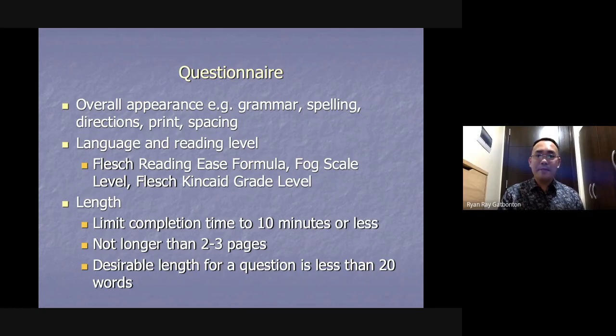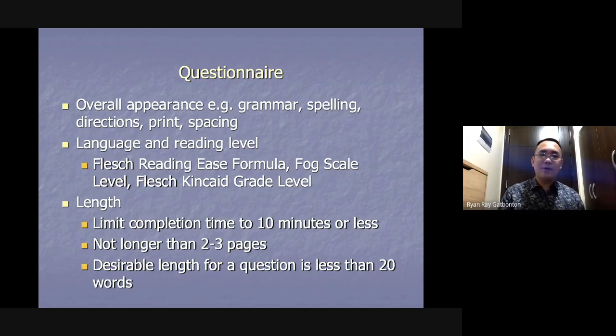When you administer questionnaires, make sure they can be completed in 10 minutes or less, because they should not be too tedious for the respondent, and should not be longer than 2 to 3 pages. The desirable length for a question should be less than 20 words. You are not giving an exam.